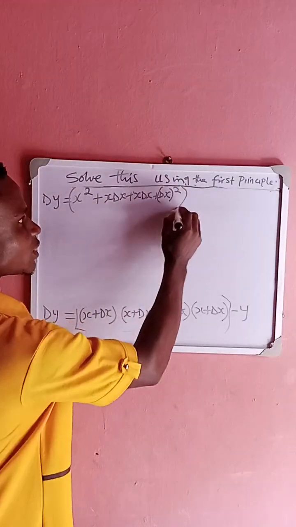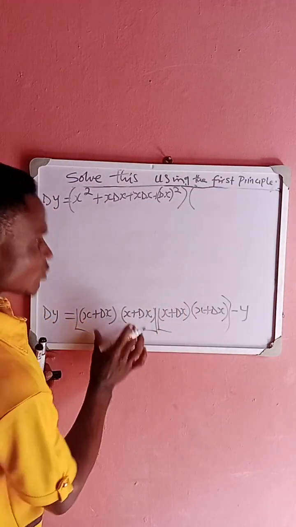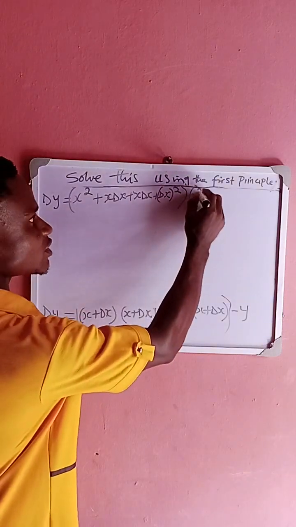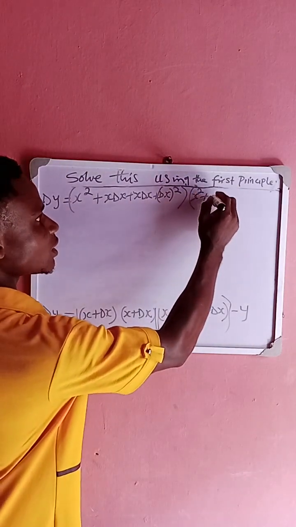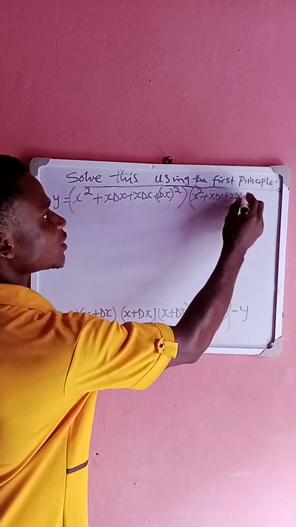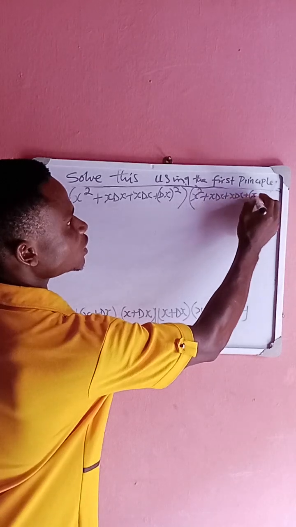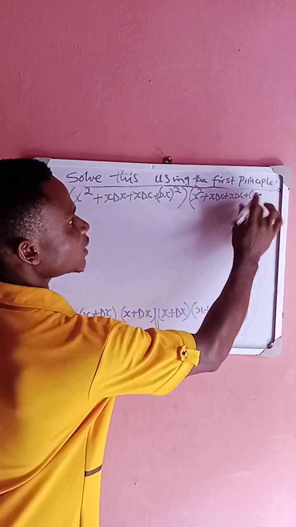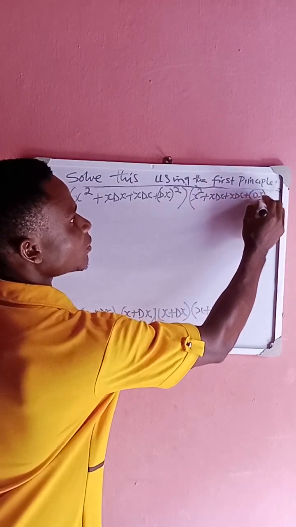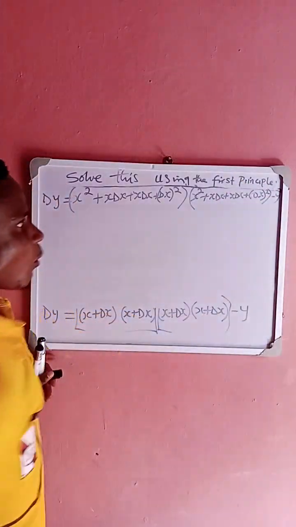We have this bracket. Then this bracket also, since they are the same thing, you repeat this. x raised to the power of 2 plus x change in x plus x change in x, then plus change in x raised to the power of 2, then minus y.